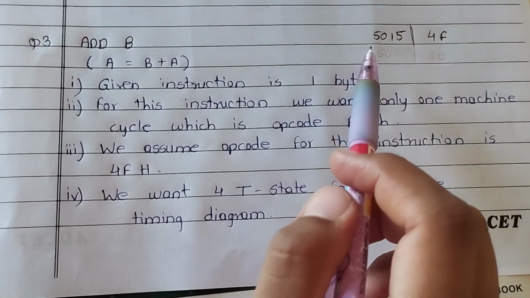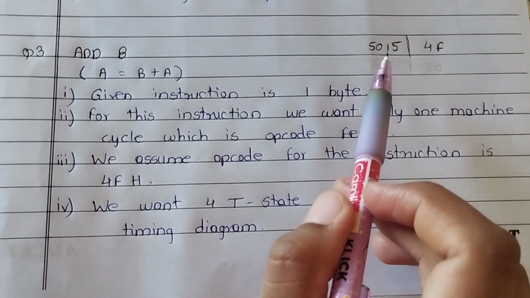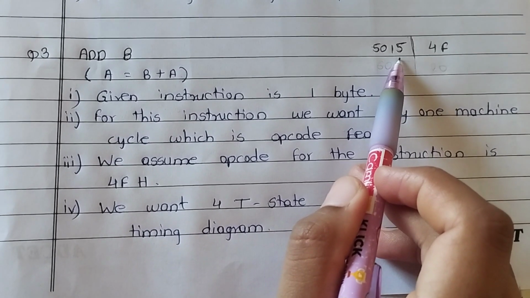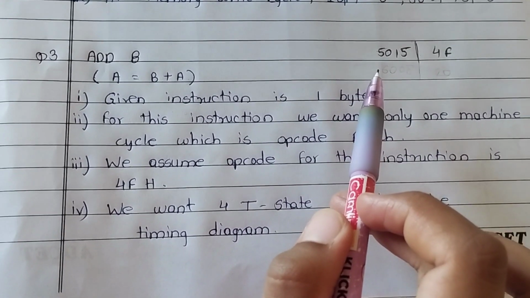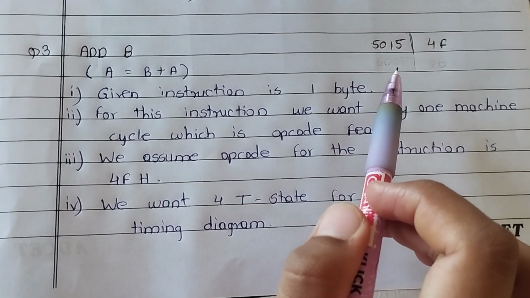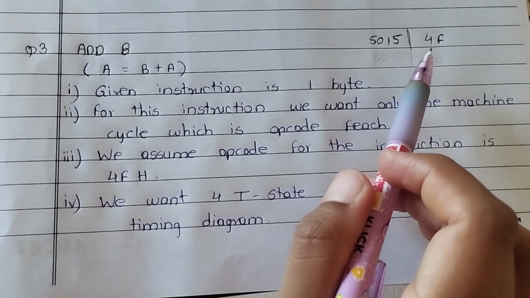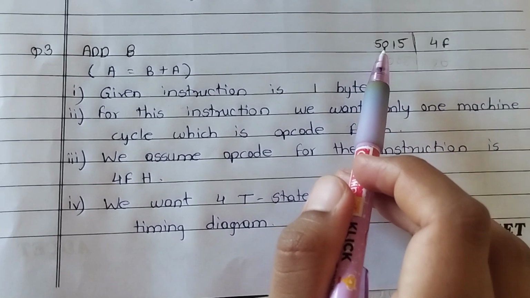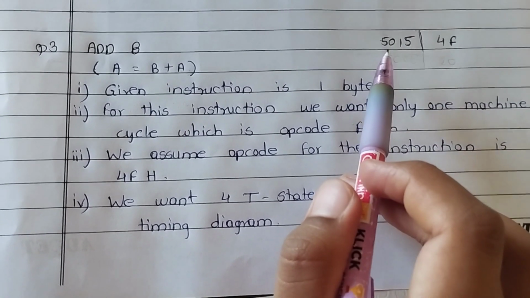The given address we assume is 1550. So when our ALE is high, first the 50 least significant bits go to the address bus A0 to A7, and then when ALE is low, the data, meaning the opcode fetch, goes to the data bus, and the 15 most significant bits go to A8 to A15.